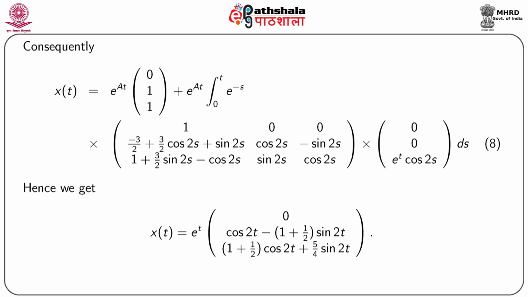And hence, after simplification we get x(t) equal to e to the power t multiplied by the matrix with entries 0, cos 2t - 1 + half sin 2t, 1 + half cos 2t + 5/4 sin 2t.